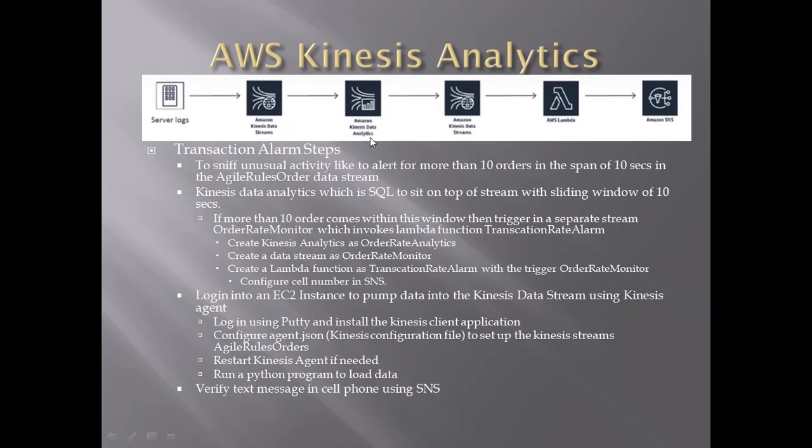Kinesis Data Analytics is like a SQL which sits on top of the stream, and it could ask questions like, with a sliding window of 10 seconds, if there are more than 10 orders, then trigger something. So we can see if there is any unusual activity, and within a certain short time how many counts of things are happening, and take some corrective action. That is the kind of use case this comes under.